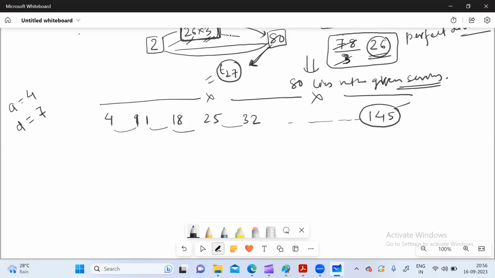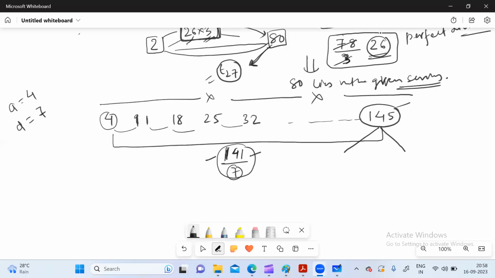And if yes, then you can tell which term 145 is for this particular series. So let me pause the recording. What will be the two terms? Jagriti, Snehal, please tell.